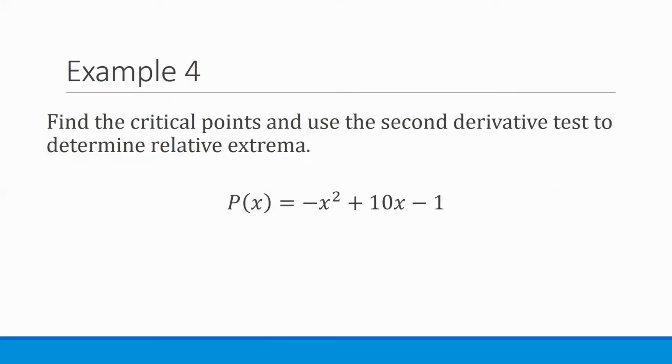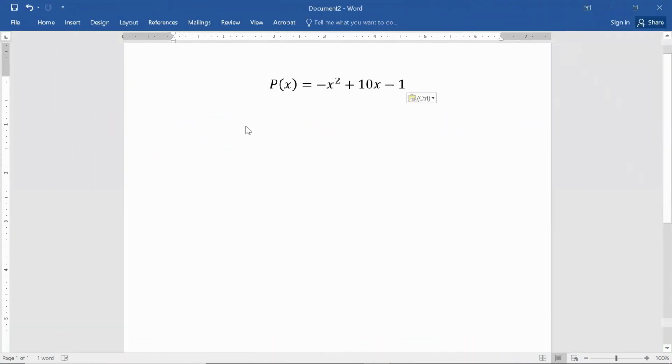Let's take a look at a function and find the critical points and use the second derivative test to determine the relative extrema. Relative extrema, if you recall, means relative maximums and relative minimums. So we want to start out by finding the critical points and then using the second derivative.